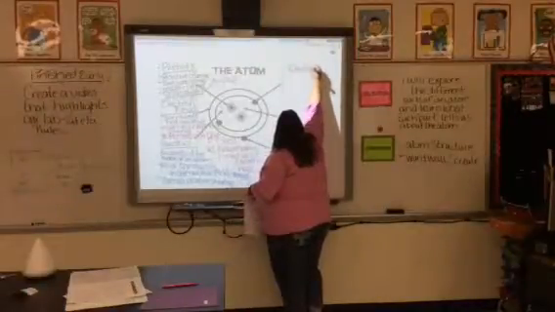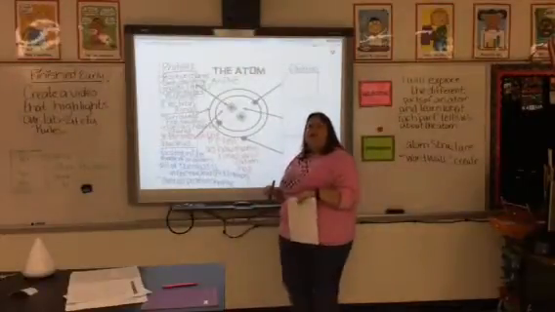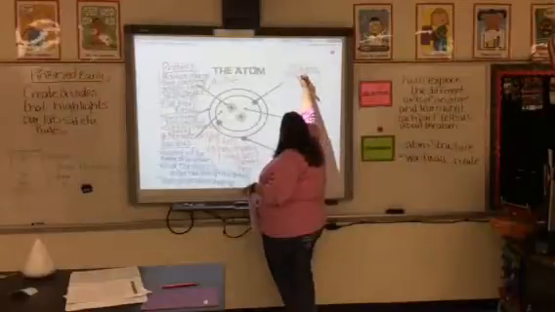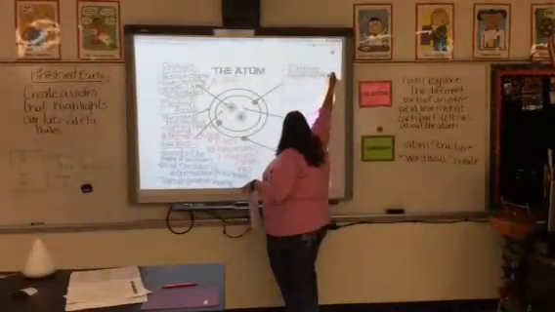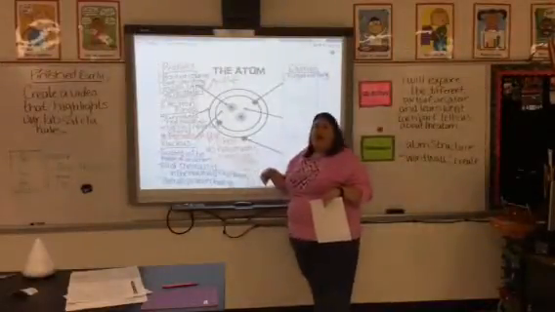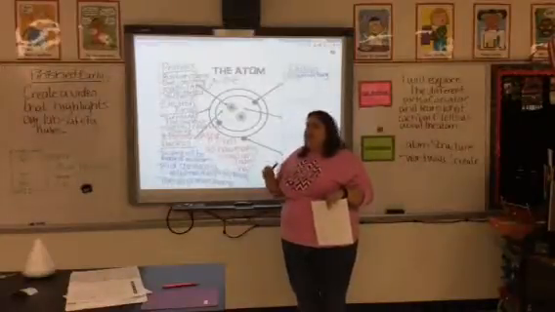Okay, so we've got our electron. And we know that electrons are negative. Okay? So they have a negative charge. We also said over here that electrons' mass is very insignificant. It's very small.